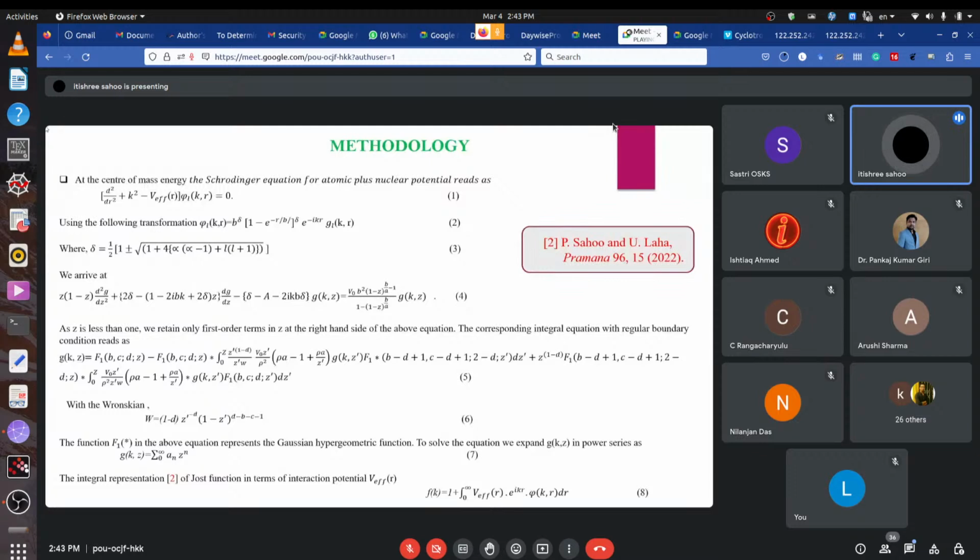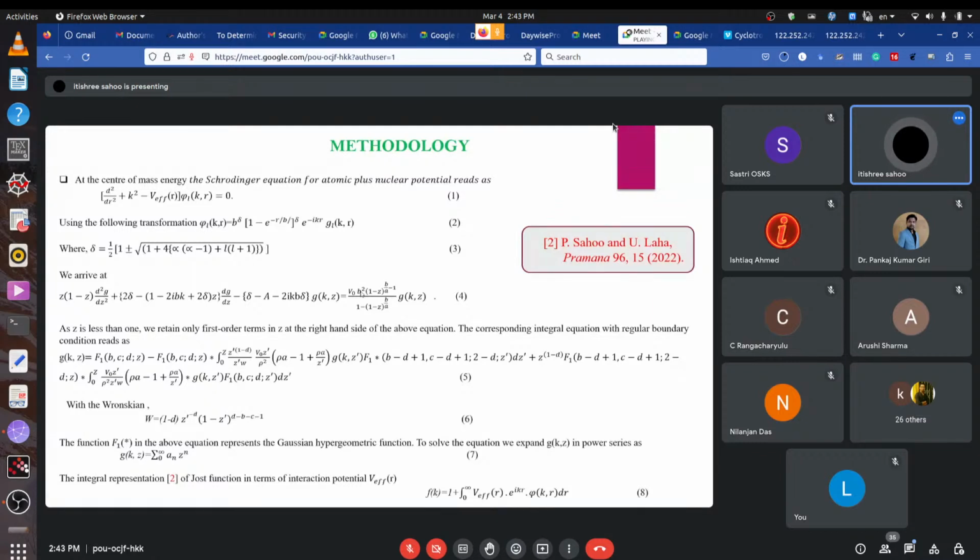So here we are calculating for S wave only, and using equation 2 in equation 1 and doing some simplification, we arrive at equation 4. In equation 4, on the right hand side, as z is less than 1, we retain only the first order term in z.